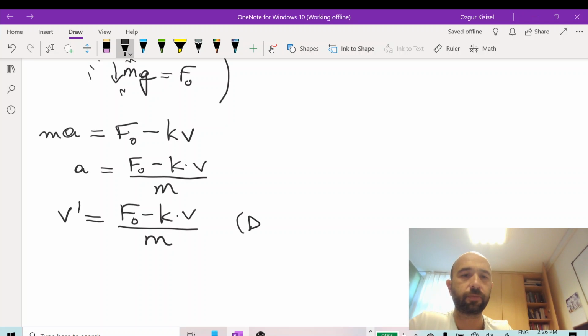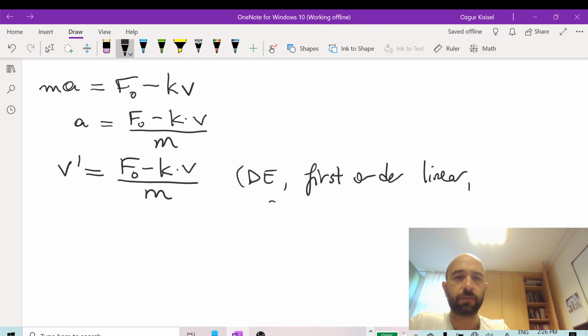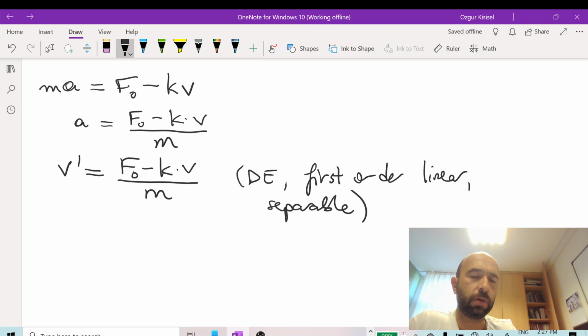It is first order, linear, and at the same time separable. This is because F0 and m and k are all constants. Okay, so it's not difficult to solve. You can use the techniques from separable equations.